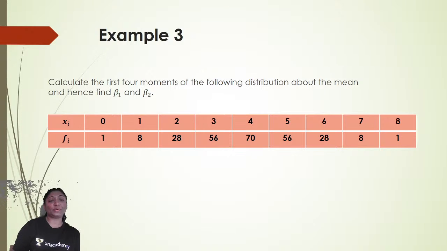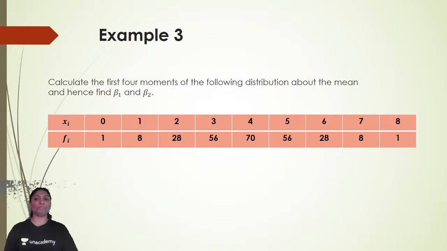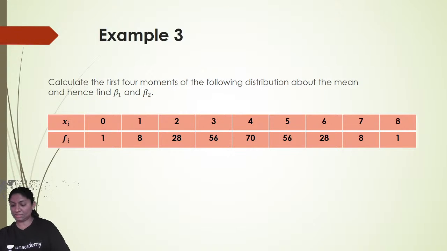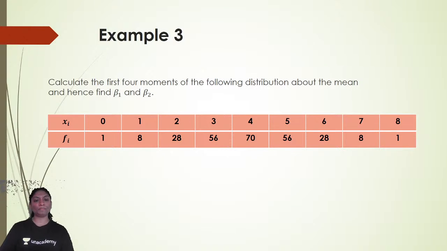So first of all, we have to calculate mu1 dash, mu2 dash, mu3 dash, mu4 dash. For that we require fi xi, so we calculate using summation of 1 upon n. We know that mu r dash is equal to 1 upon n into summation of fi di raised to r. So for that we have to prepare one table.